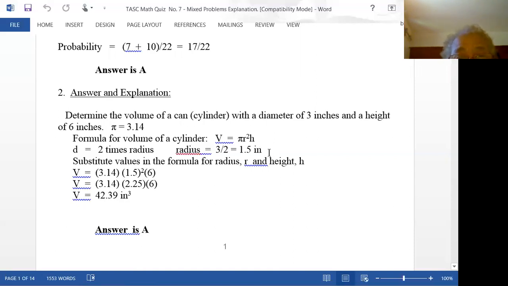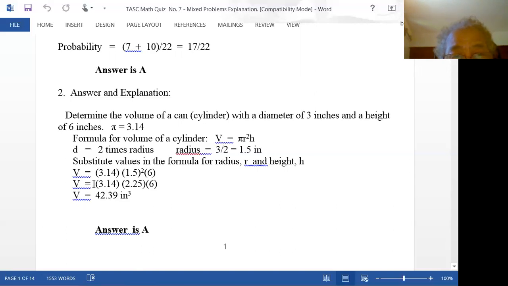Then we substitute in our formula, volume equals pi r squared h, where pi is 3.14. The radius is 1.5, and that's squared, and then times the height, which is 6. When we square the 1.5, we get 2.25.